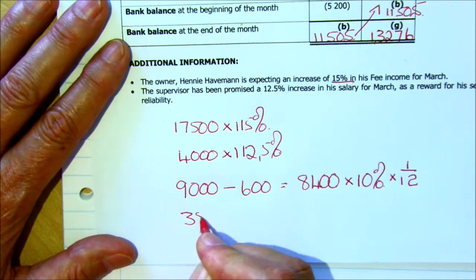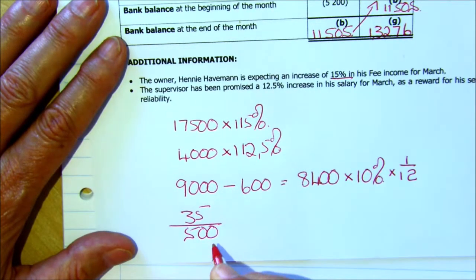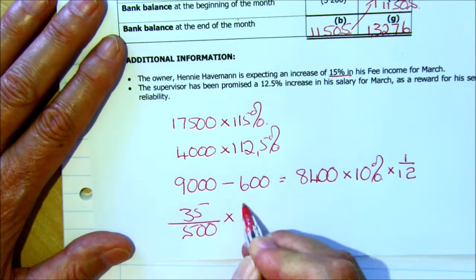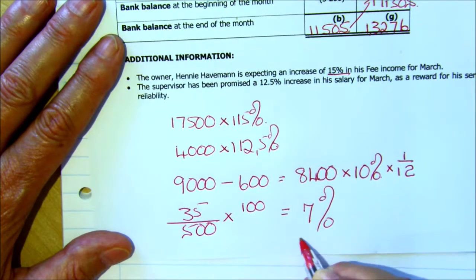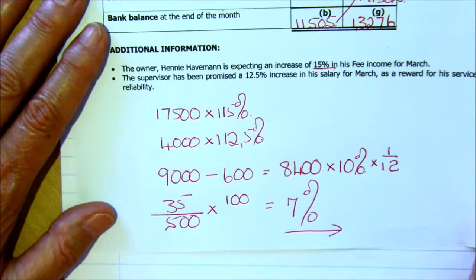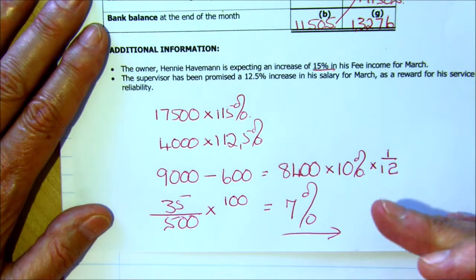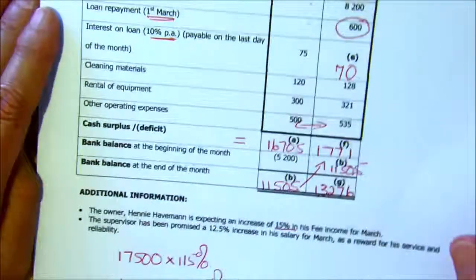It went up by 35, and the increase is always on the old. You add it onto the old, the first one you had, times 100, and there's your 7%. And that is actually asked of you in question 9 of this question. So these are the type of concepts and calculations that you need to start getting familiar with as you're working through budgets.